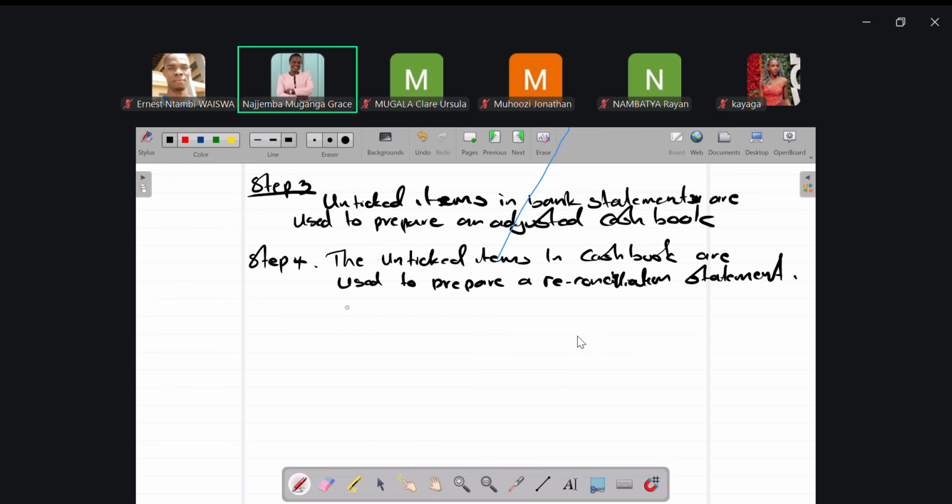And these are known as the timing differences.